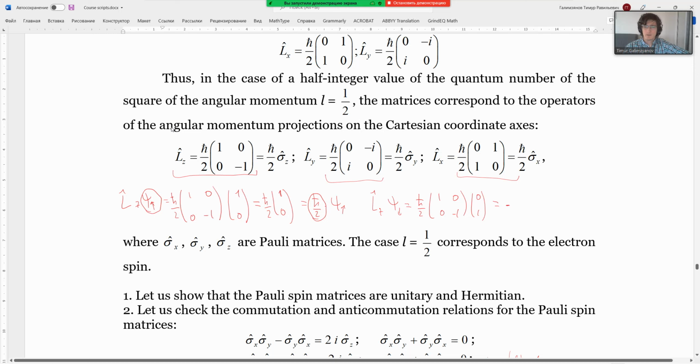What we get here is 0, and here minus 1, times h halved, which equals minus h halved times (0, 1), which equals minus h halved psi down. So psi down is the eigenfunction, or eigenvector, of Lz with eigenvalue minus h halved.